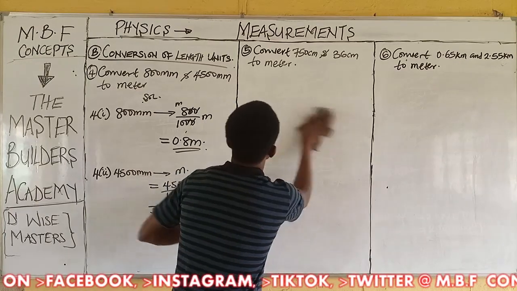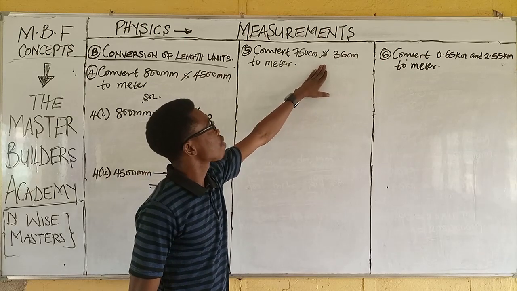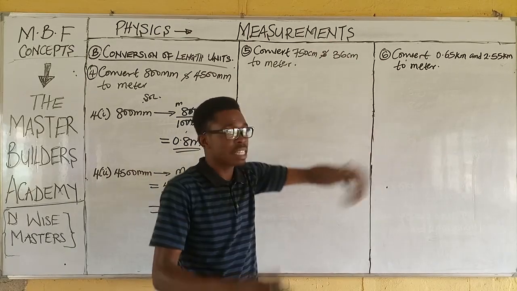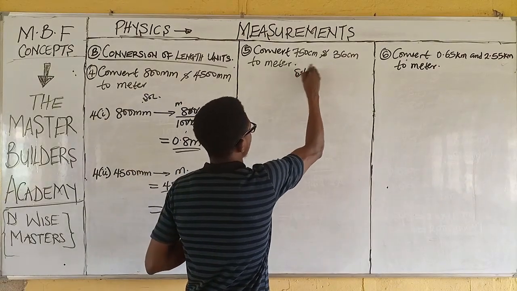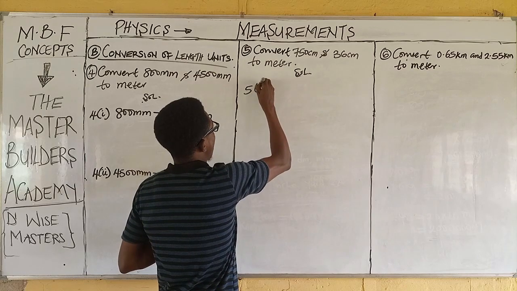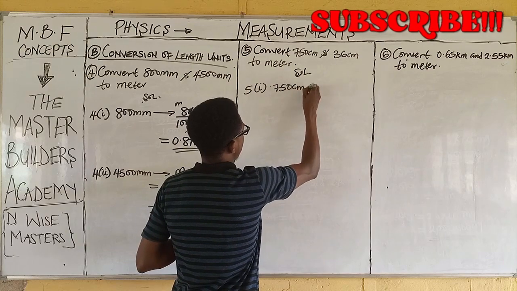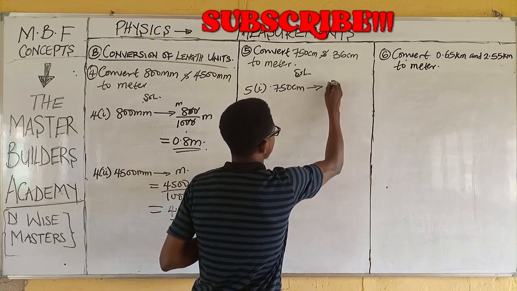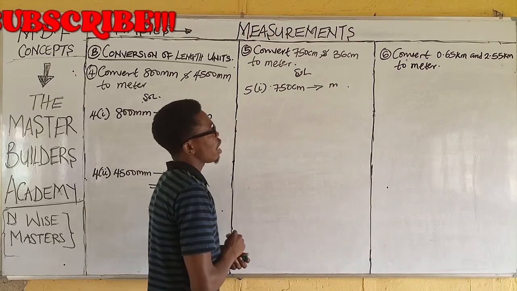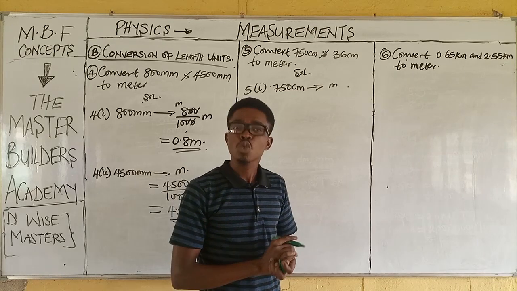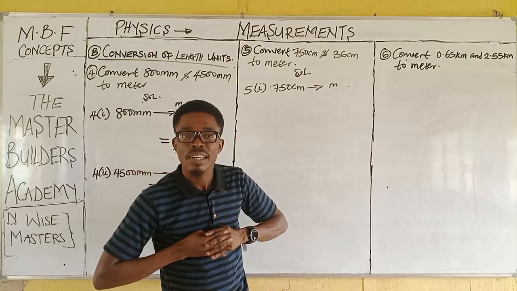Now, this happens to be question number 5, and we are asked to convert 750 cm and 36 cm to meters. What we do is to put down our solution. Now we have 5 I, which has the value 750 cm, and we are converting this to meter. Guys, what must I do to convert length in centimeter to meter?